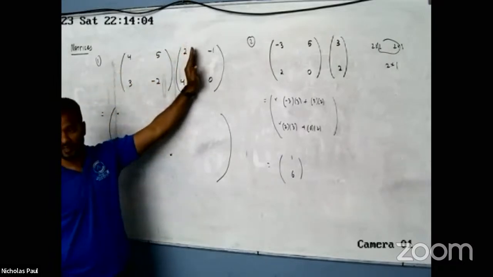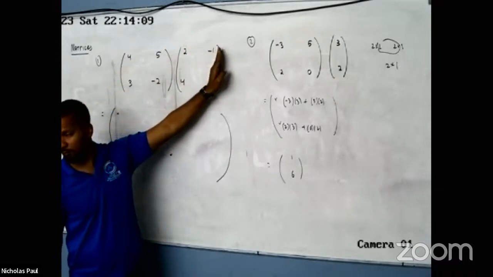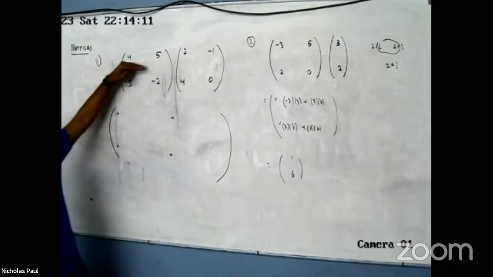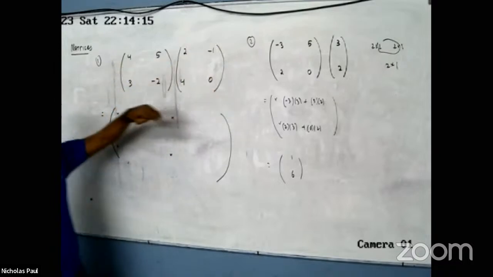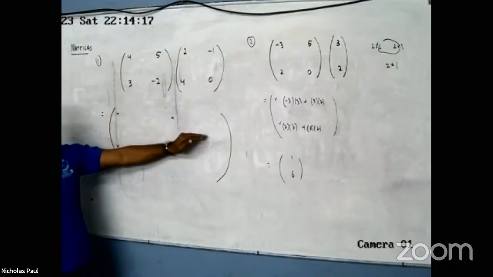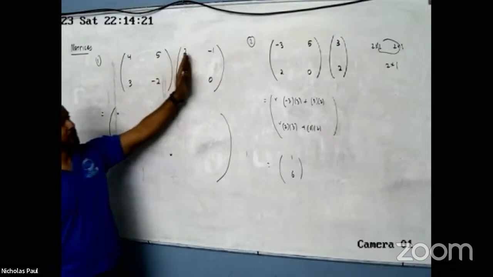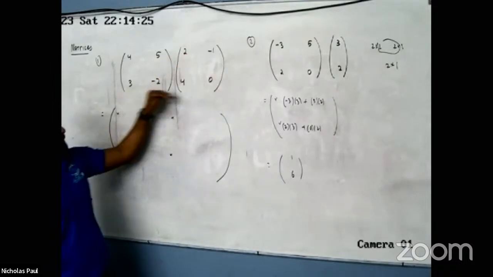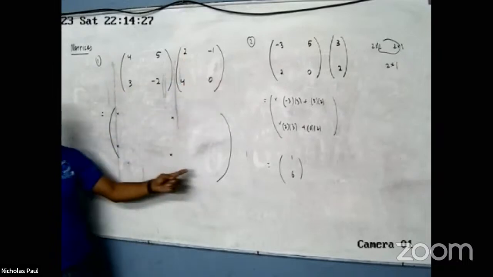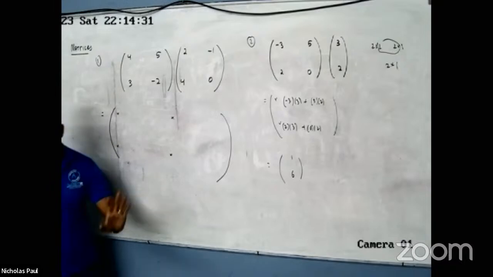That'll be your first answer. And you're doing this row by this column. So it's the first row by all the columns. And then you finish. That'll be your first 2 values. Then you come down here now. Second row, these 2 columns. So you're doing this by this, this by this. And you'll get the last 2 values here. Right? Those who follow, try it. Those who don't, wait 2 minutes and I'll do it.